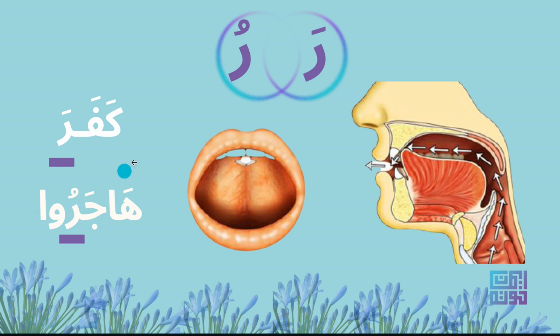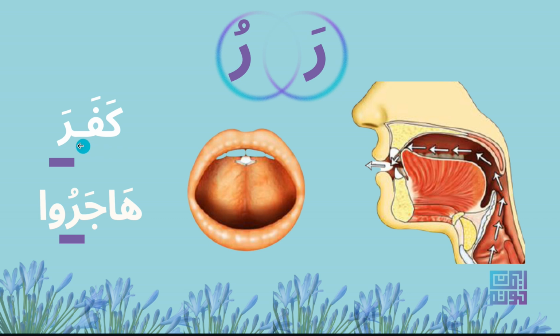Let's have this example. We have a kaf fatha. How do we pronounce a kaf fatha? We pronounce it ka. What about the fa fatha? We say fa. Let's connect both: kafa. And then we have a ra fatha, and this is elevated. So we pronounce it ra. So it's kafara.